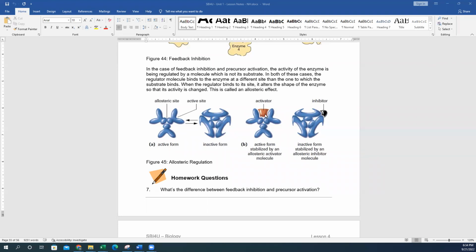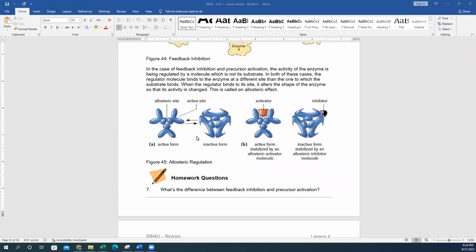But then sometimes you might have a molecule that would act as an activator, and the activator then binds to the allosteric site and stabilizes this active form such that it is able to bind to its substrate molecule, and it doesn't seem to adopt this inactive form. So in the presence of the activator, the active form is stabilized by this allosteric activator, and the inactive form would be stabilized by a molecule of an inhibitor.